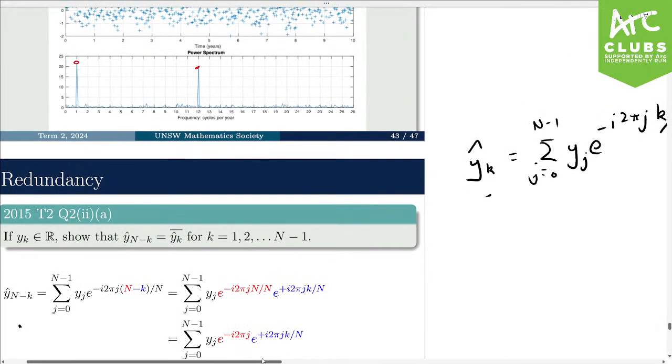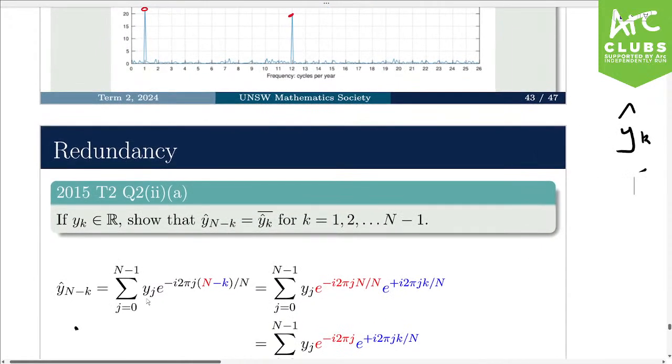So we write this as this sum, and then we can break the n and k into these bits. So after splitting this up, the term involving the n turns into this, and the term involving k turns into this.